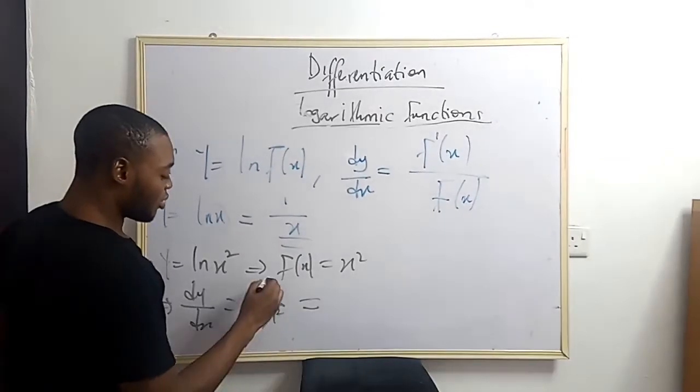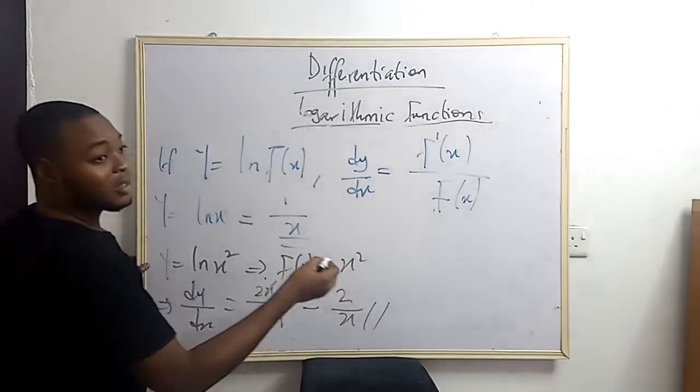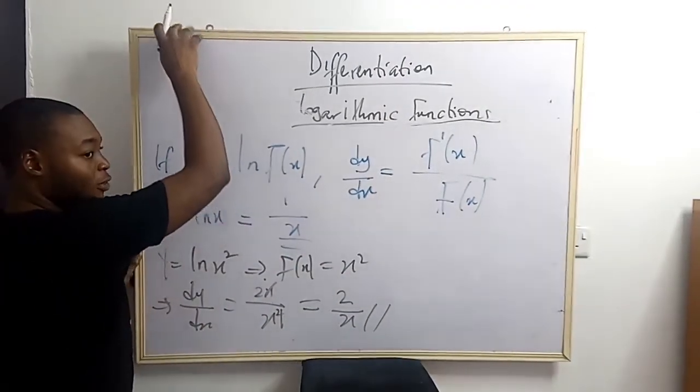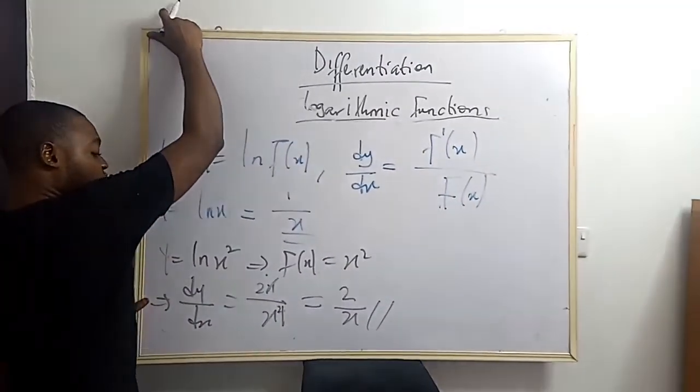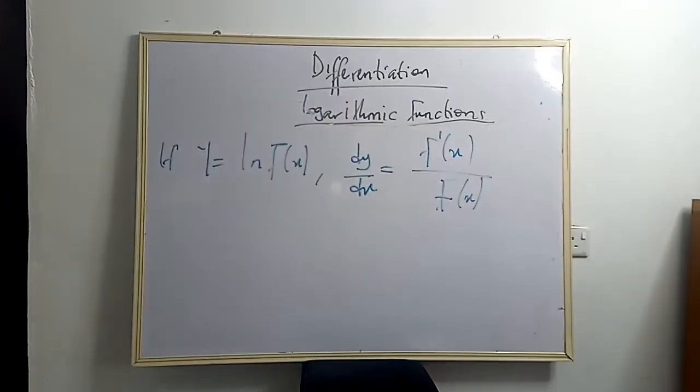That equals 2 over x, after x cancels x. That is the derivative of f of x equals f prime of x over f of x. So you can always apply this.